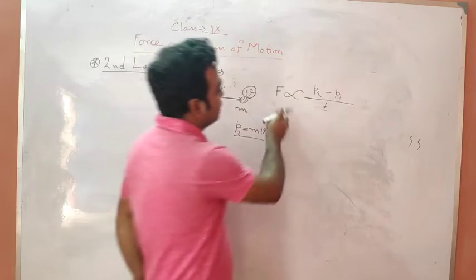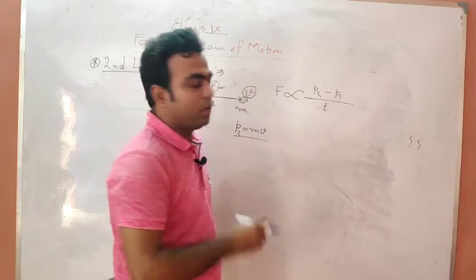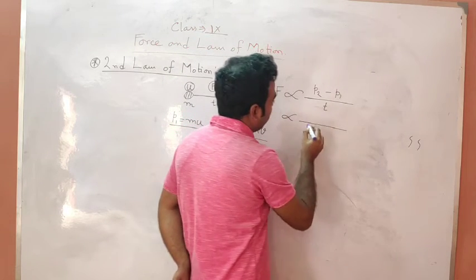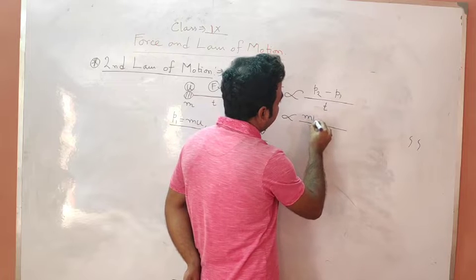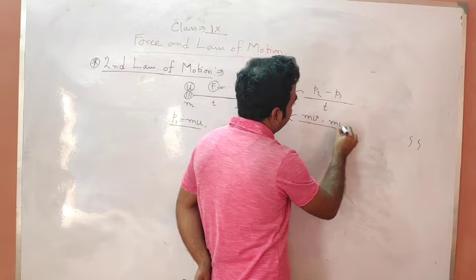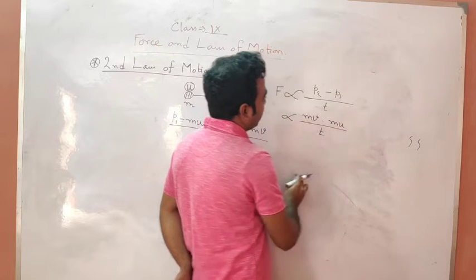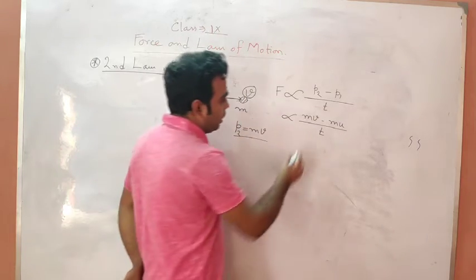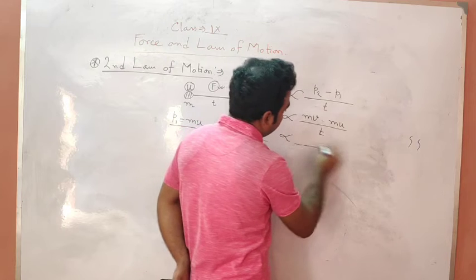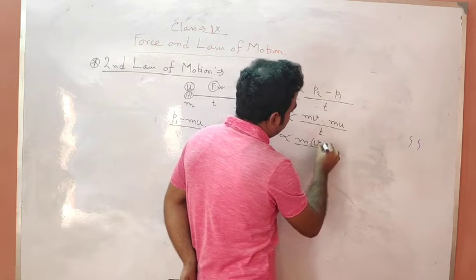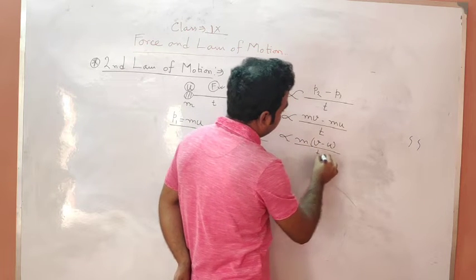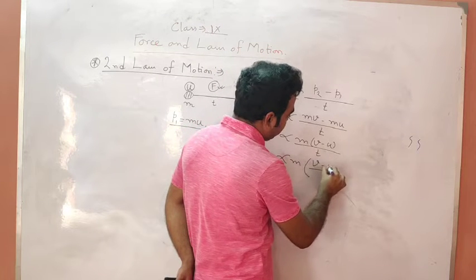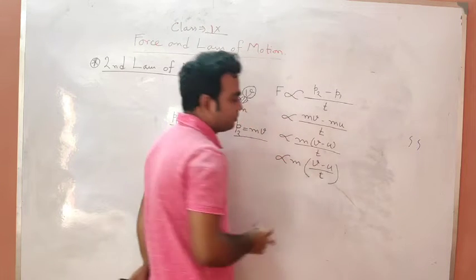Okay, so this is the second law. Now if we put the value of P2 and P1, we get (mv minus mu) divided by t. P2 means mv and P1 means mu. m will be common, so m into (v minus u) by t.